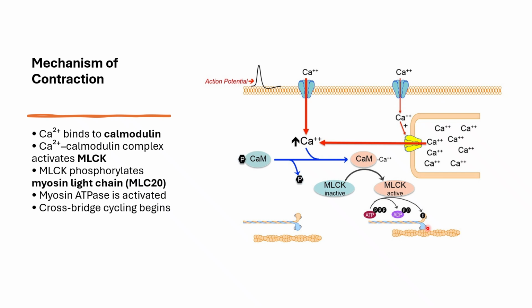Calcium binds to calmodulin, MLCK is activated, myosin is phosphorylated, the ATPase activity increases, the cross-bridge cycle begins, and you have contraction. Now, if you can visualize this chain that we just described smoothly, the rest of smooth muscle physiology snaps cleanly into place.